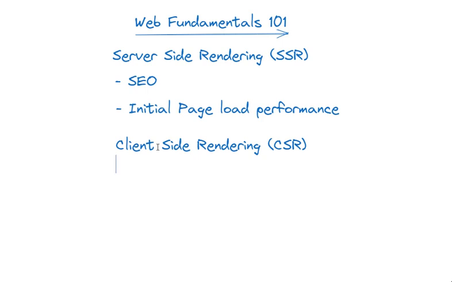Why? Because the user's client would go and request the necessary JavaScript files as well as the CSS files to first get them downloaded on the client. And then the JavaScript and the CSS would get rendered based on the load or some event that happens on the client. So this is basically client-side rendering.